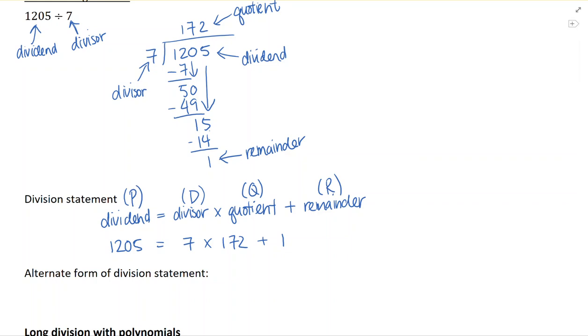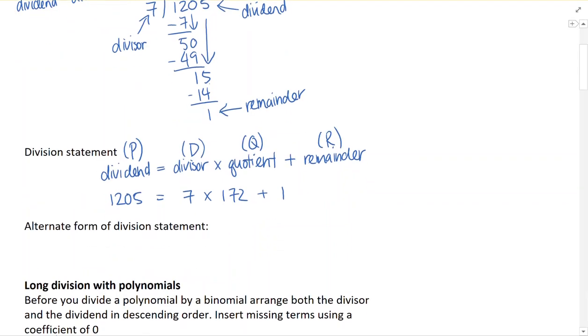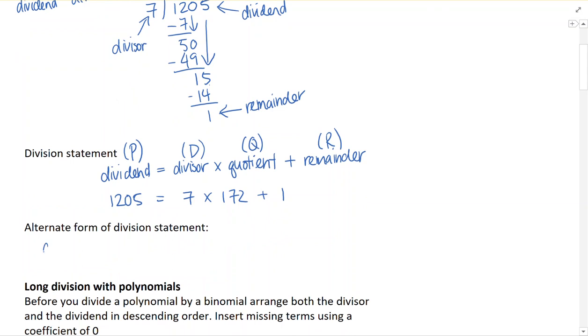So there's an alternative way of writing this, which is, you're going to divide both sides of the division statement by the divisor. I'm going to be using the abbreviated letters.